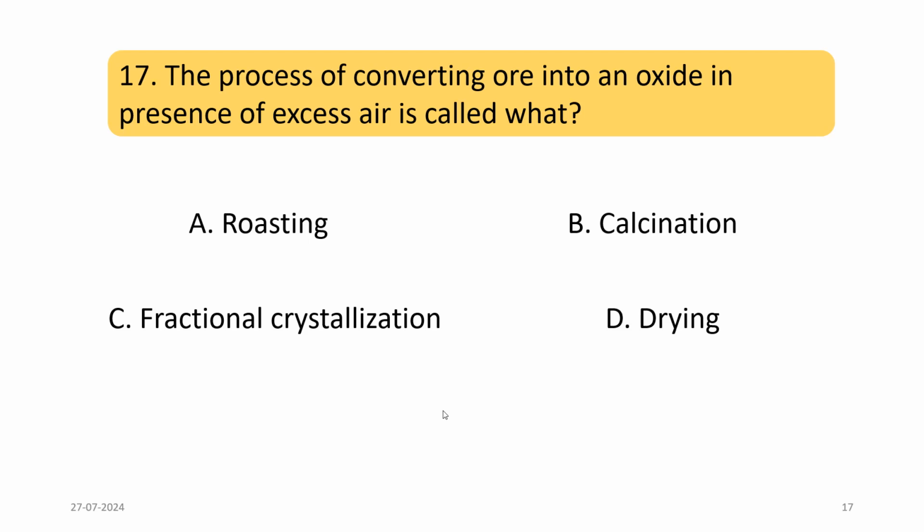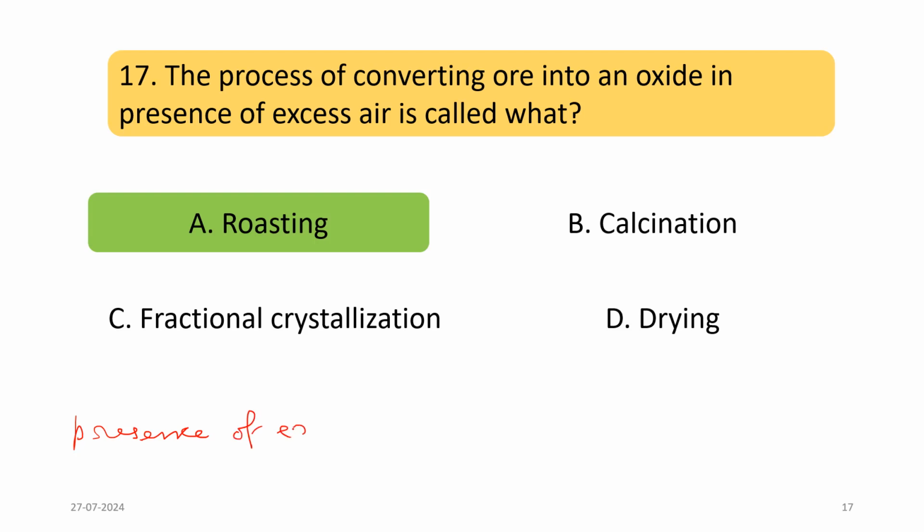Both convert ore into oxide, but one is in the presence of air and another is in the absence of air. So the answer is roasting. Roasting is in the presence of excess hot air, and calcination happens in the absence of air.